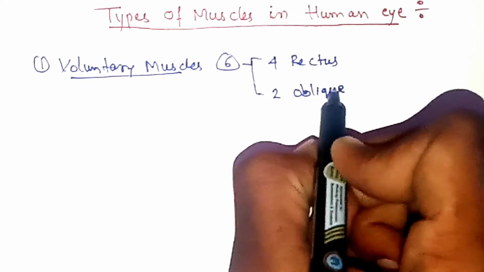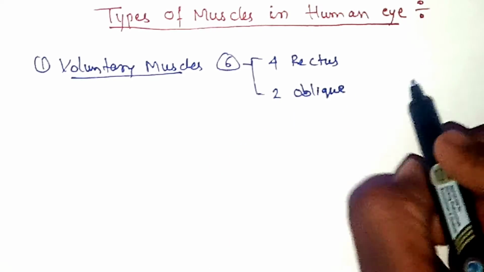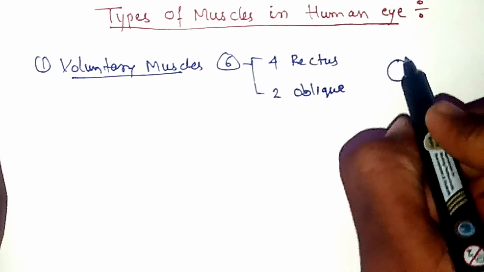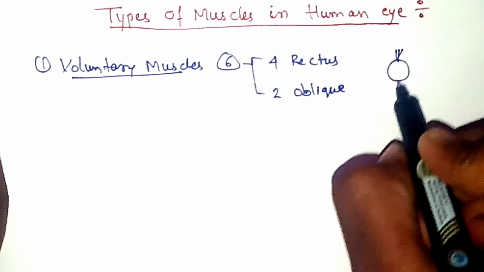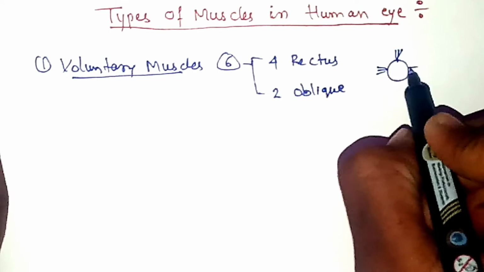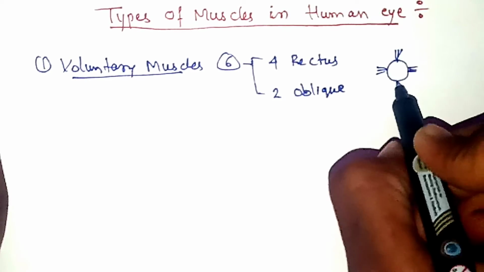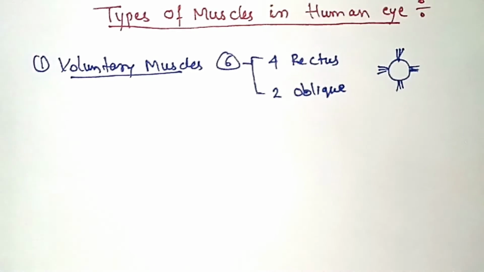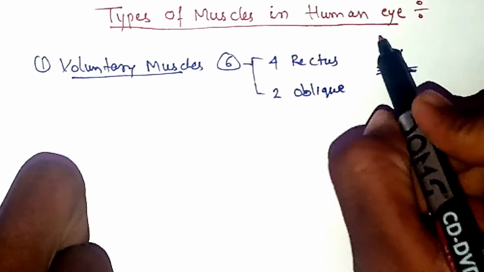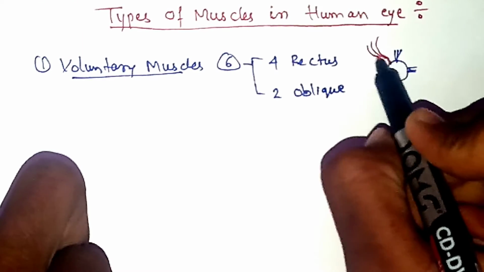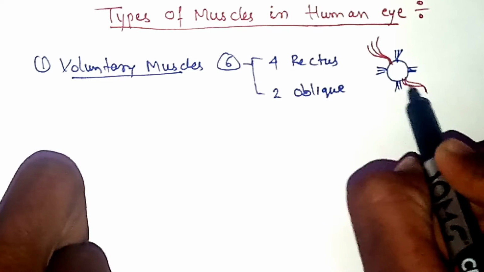If this is the eye, these are the rectus muscles, 1 2 3 and 4, and oblique muscles look like this.